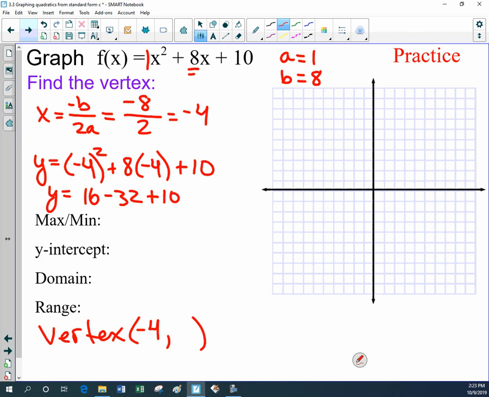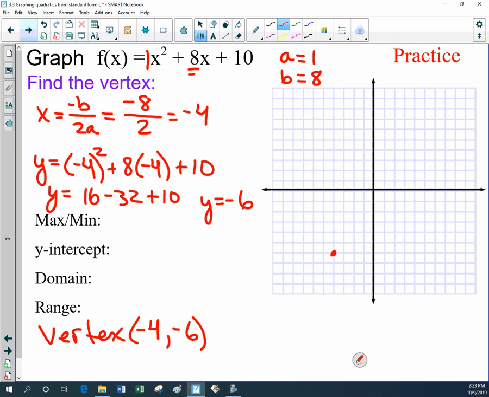So 16 minus 32 is -16. -16 plus 10 would be -6. So y equals -6. So our vertex is at -4, -6. So 1, 2, 3, 4, 1, 2, 3, 4, 5, 6. Okay, so here's -4, -6.